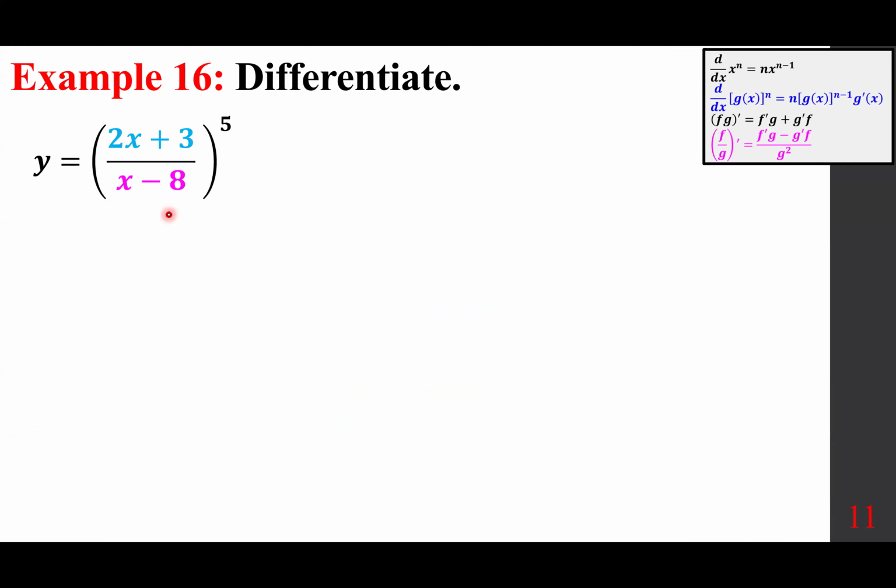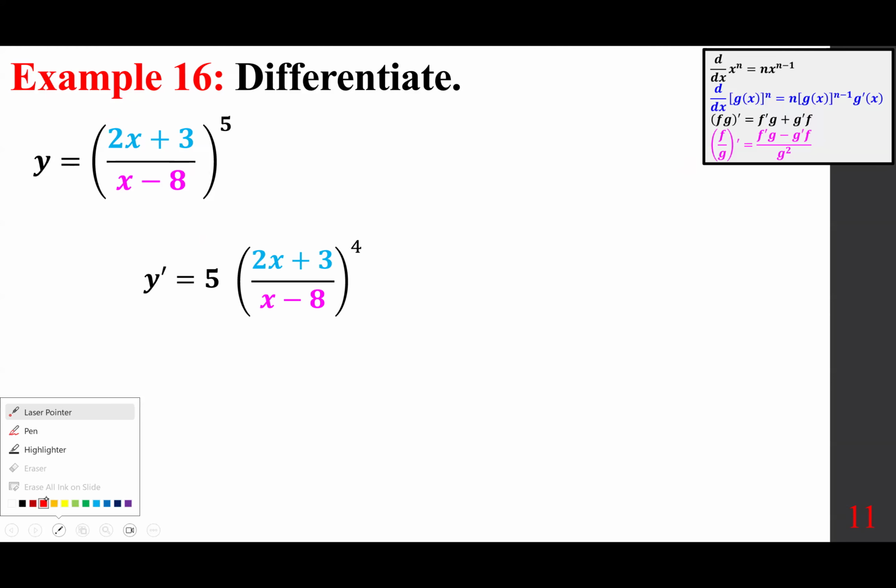y equals ((2x + 3) over (x - 8)) to the power of 5. Again, the first question is, can I simplify? The answer is no. Therefore, we're going to go first and foremost with the extended power rule. So 5, what's inside the parentheses to the power of 4? And now the derivative of the inside requires a quotient rule.